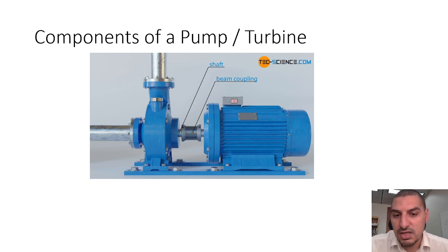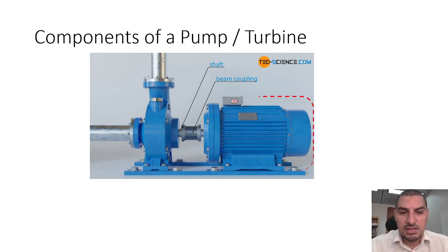This is the source of energy that is used to generate mechanical work or mechanical energy. So this is a pump. The turbine is very similar, but I'm going to be discussing the pump because this is the photo that we have. It consists of two main components.